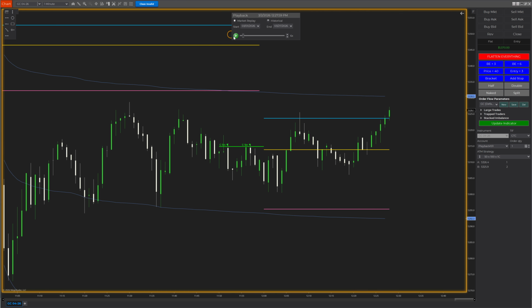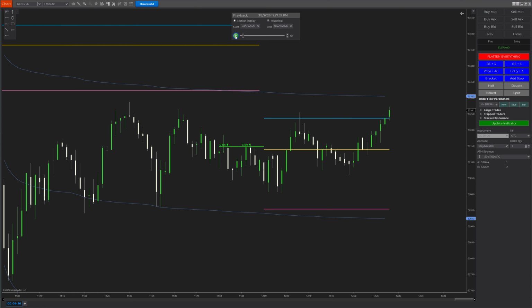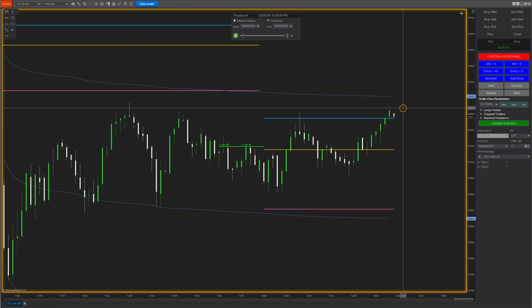But let's kick it off and see if we can finally get some more action going here. Would love to see a long right around. I'm actually not even sure what the bias is because we haven't had a signal yet.